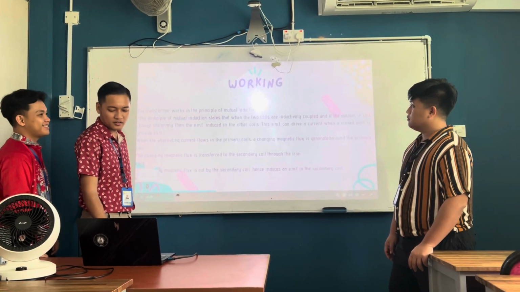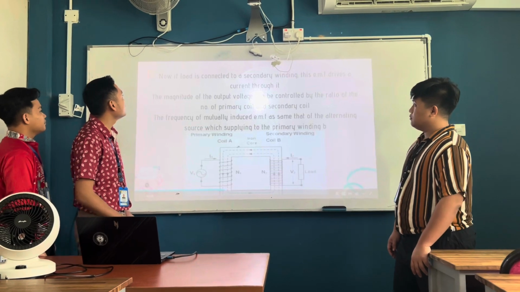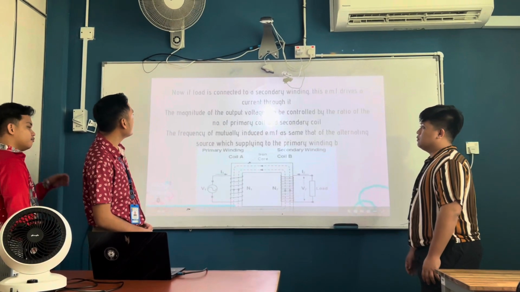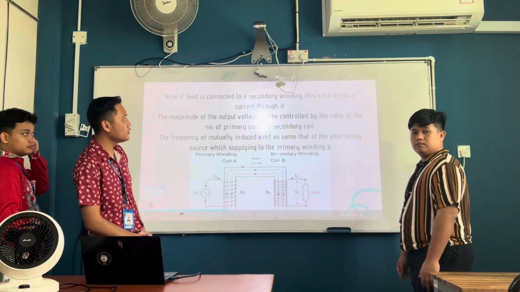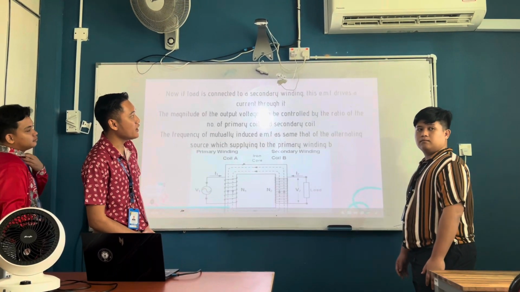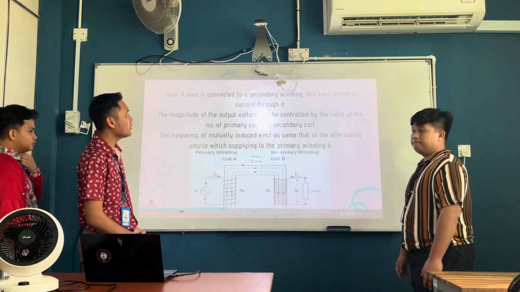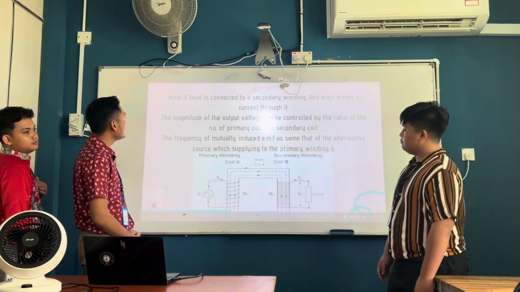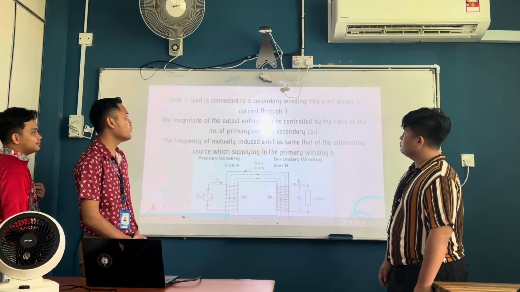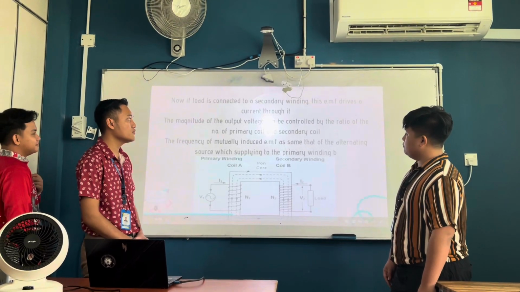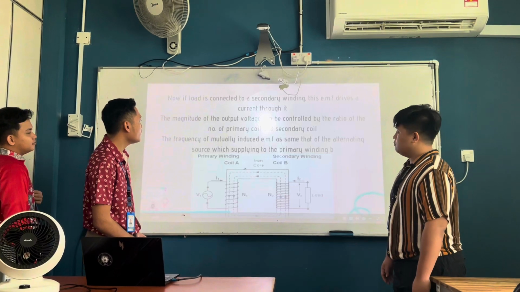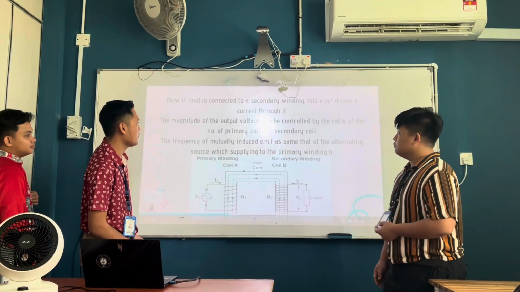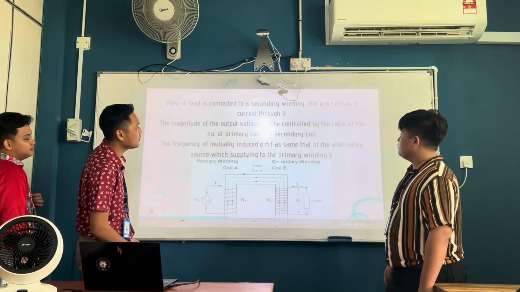We go to the next slide. Now if a load is connected to the secondary winding, this EMF drives current through it. The magnitude of the output voltage can be controlled by the ratio of the number of turns of the primary coil and secondary coil.